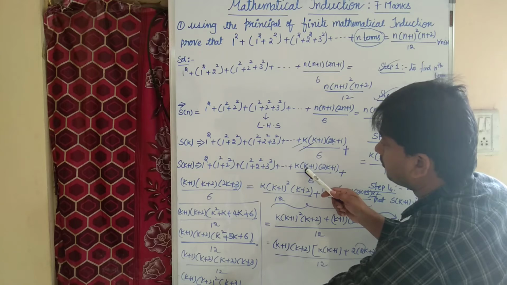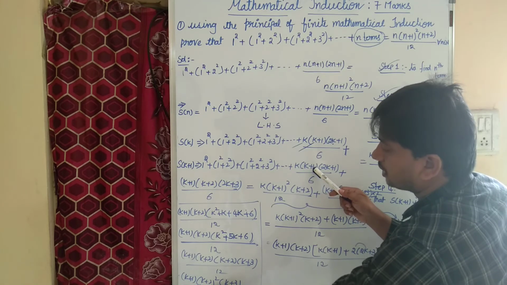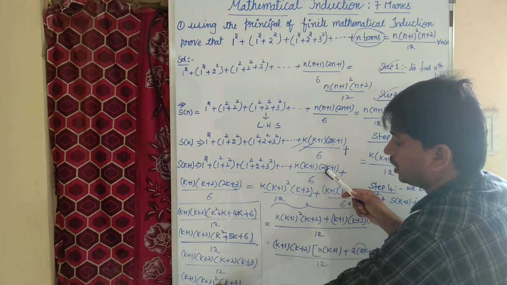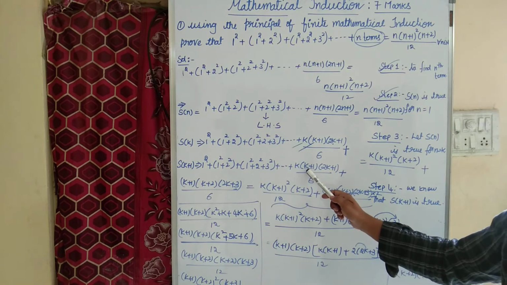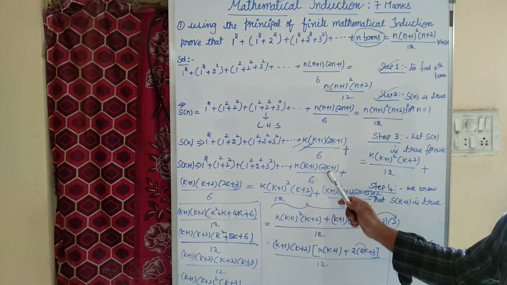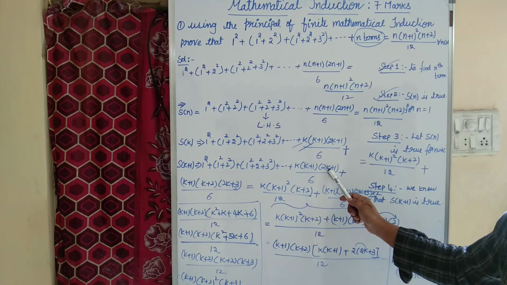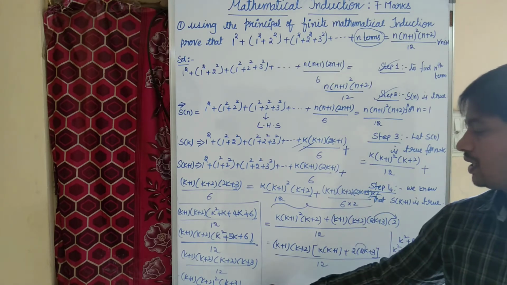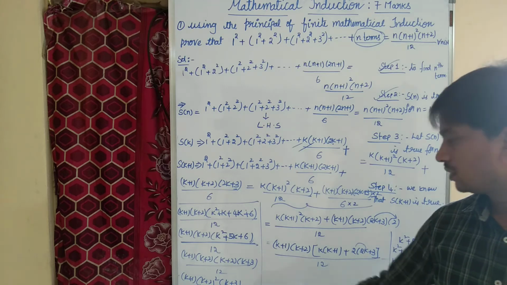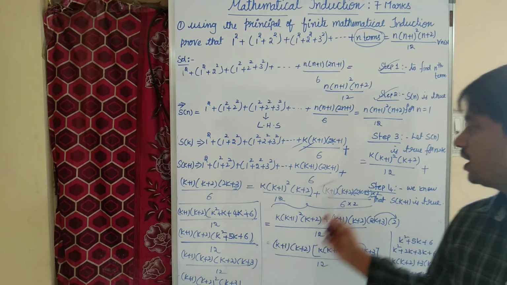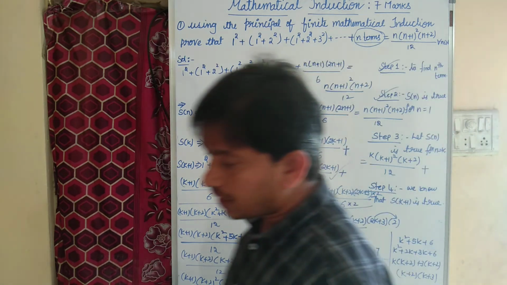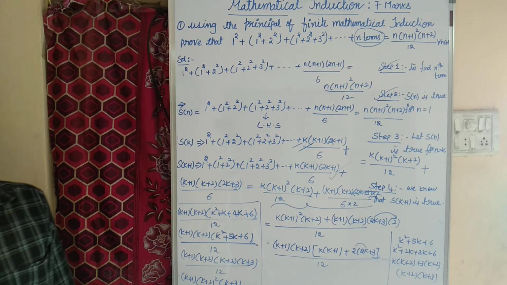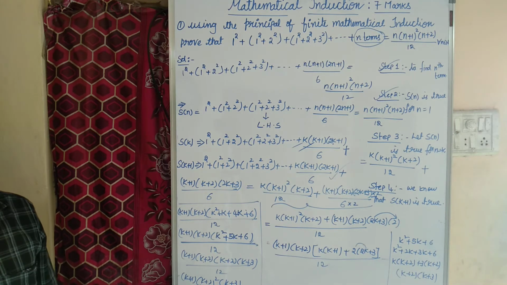If you substitute k plus 1 in place of k, you get (k+1)(k+1+1)(k+2) into (2(k+1)+... ) and if you expand this, k plus 2 whole square, again you will get the same term. Both LHS and RHS are equal, right?